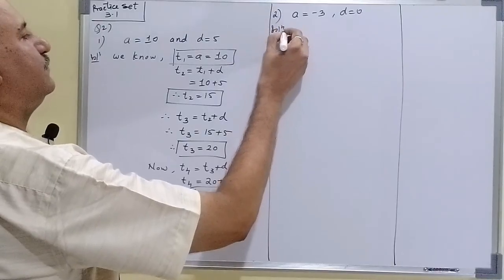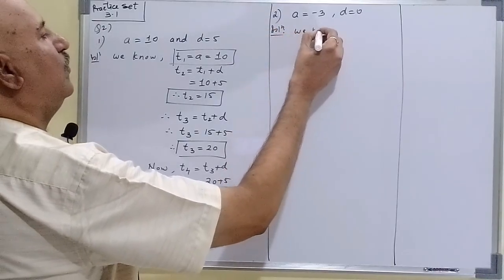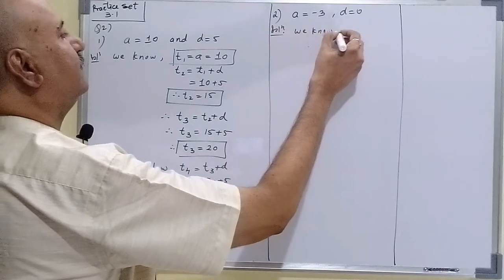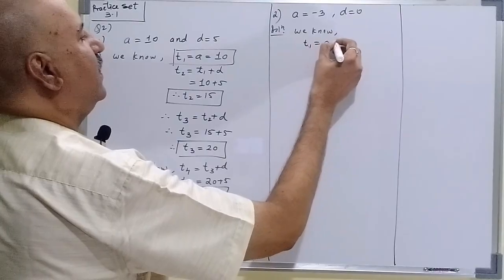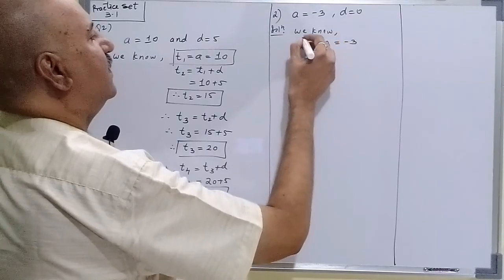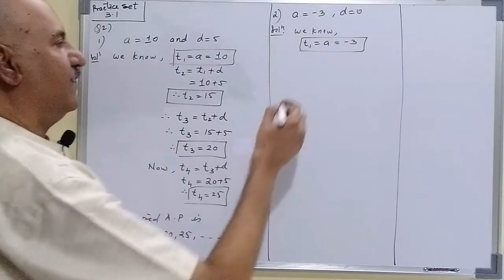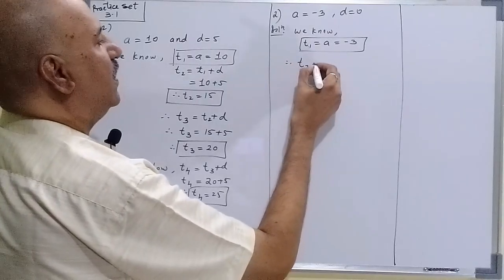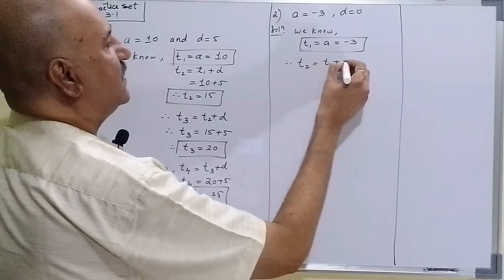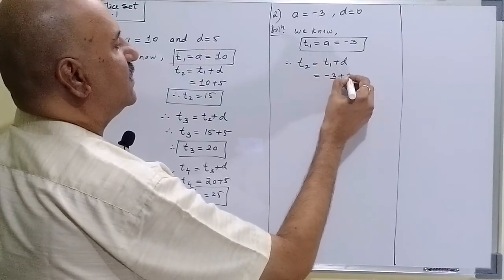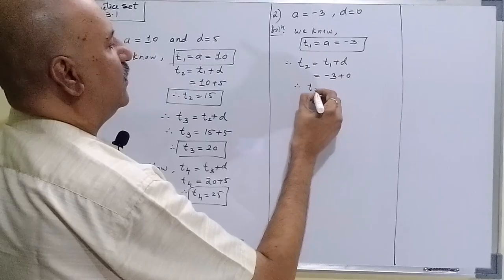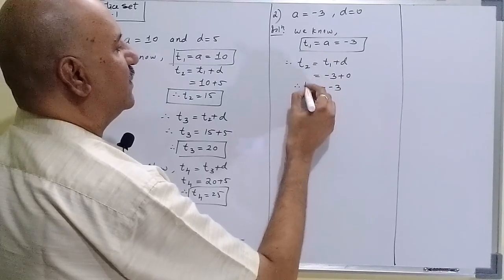Solution. वी नो, हम क्या जानते हैं, T1 इक्वल टू A इक्वल टू -3. T1 तो हमें मिल गया, therefore T2 क्या होगा, T1 प्लस D, that is -3 plus 0, therefore T2 is also -3.